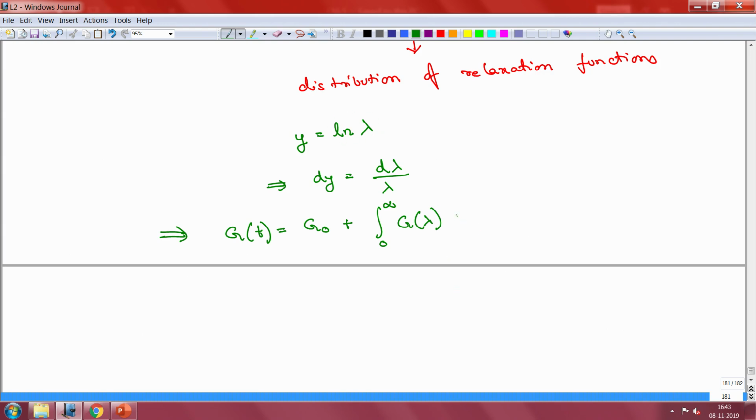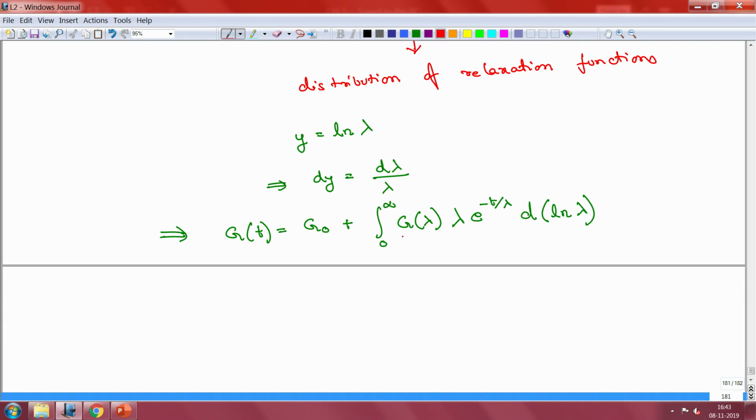So, I will just transform the variable here, this is dy, or instead of dy you can just write d log of lambda. Either way it is the same thing.